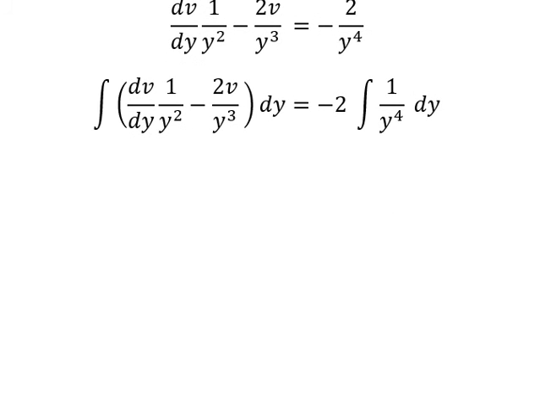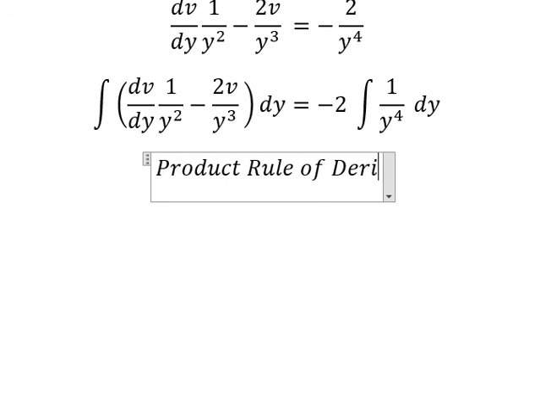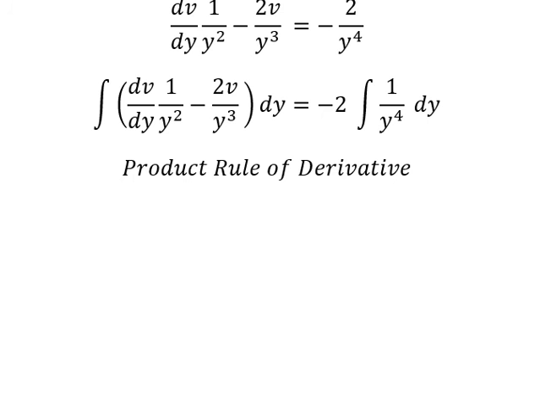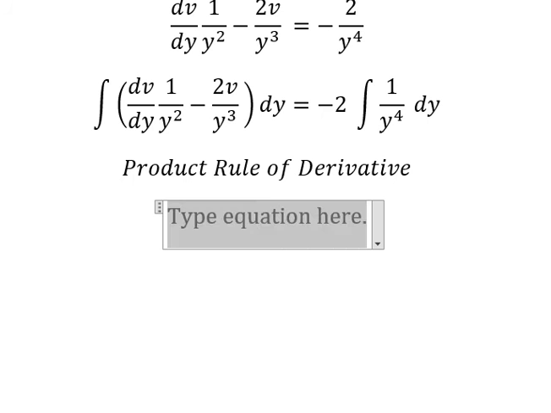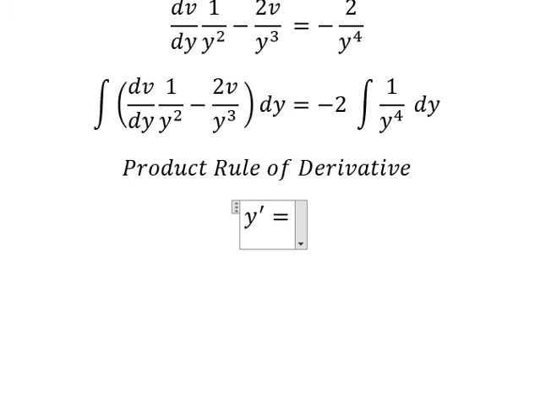Next, we need to use the product rule of the derivative. So we have the first derivative of y equals the first derivative of a multiplied by b plus the first derivative of b multiplied by a.